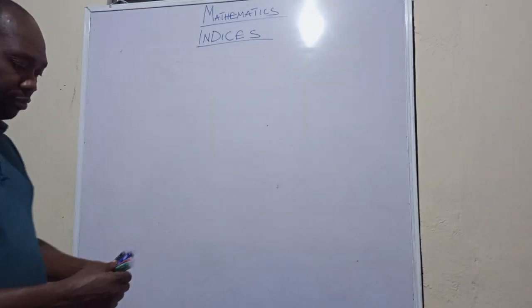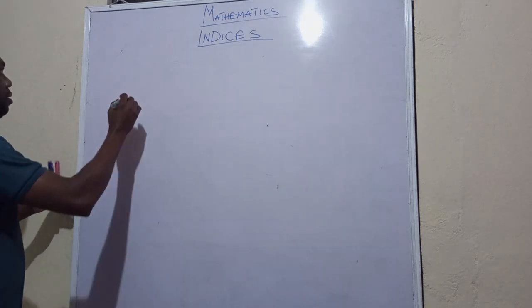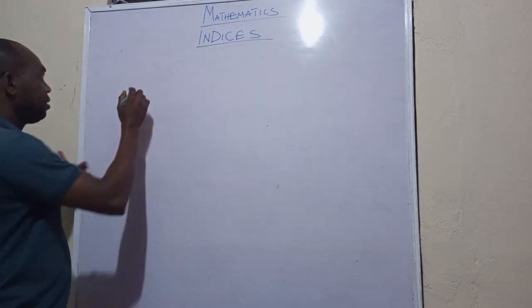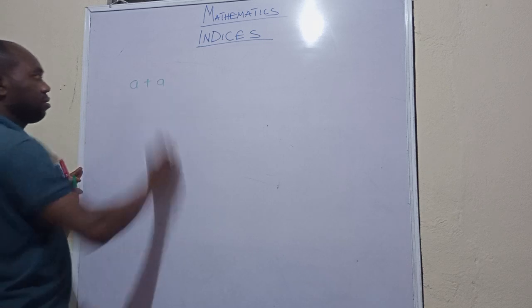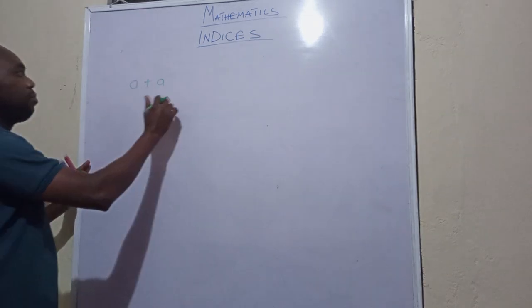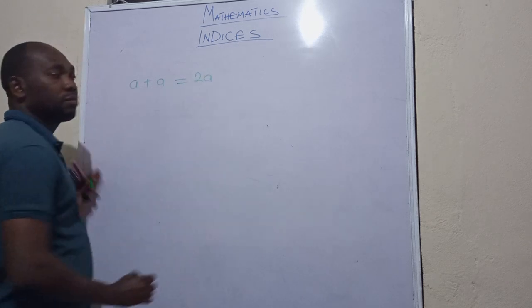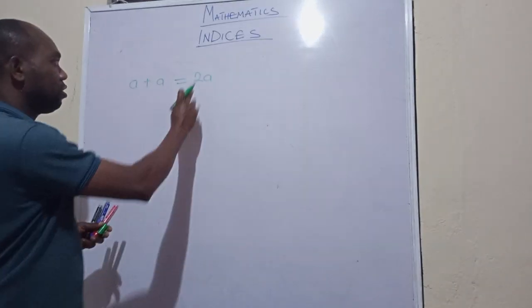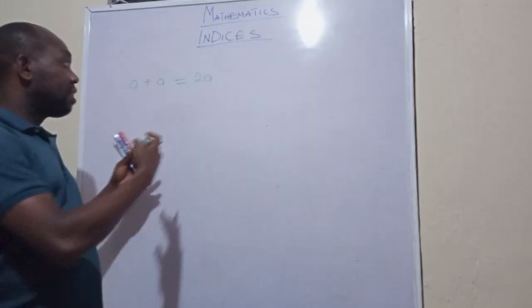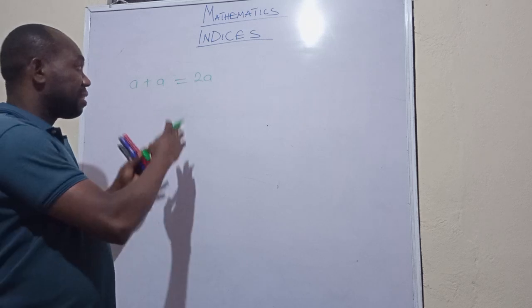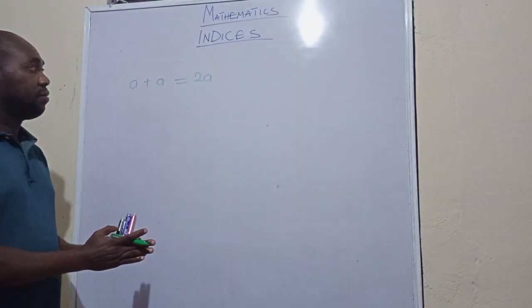For example, we know about the addition of alphabets like A plus A. We say that A plus A is 2A. Now, the 2 is the coefficient of A, telling us that A and 2 are added together.